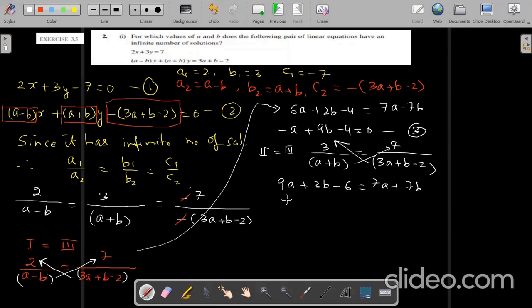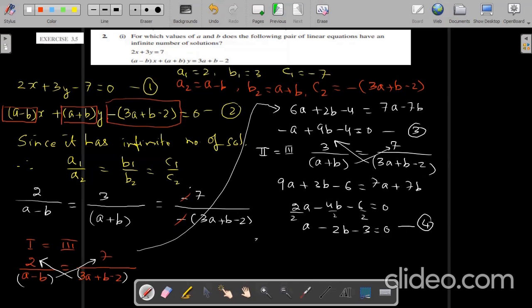Bringing to the left-hand side, 9a minus 7a is 2a, and 3b minus 7b is minus 4b, minus 6 is equal to 0. If the equation is divisible by any number, we should divide it. It is divisible by 2, so all numbers are divided by 2. We get a minus 2b minus 3 is equal to 0. So this will be our equation number 4.